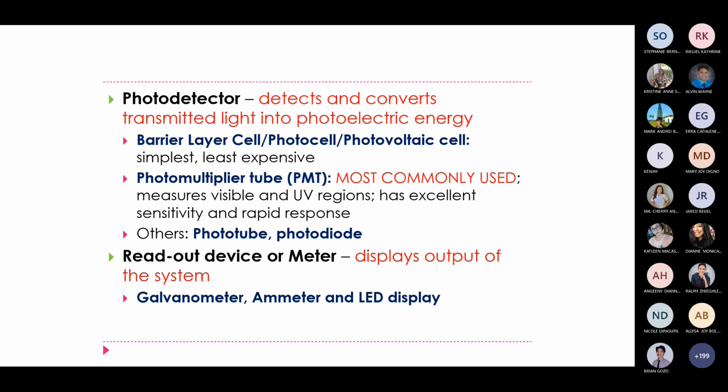So we have two types of the photodetector. We have the barrier layer cell or the photocell or the photovoltaic cell. It is the simplest and least expensive. Sino naman yung most sensitive na photodetector and most commonly used? Si PMT, si photo multiplier tube.